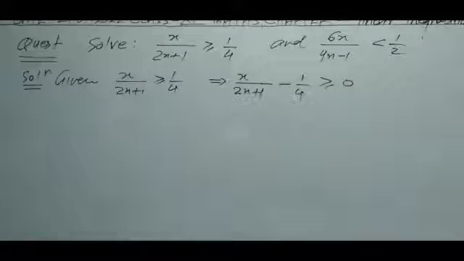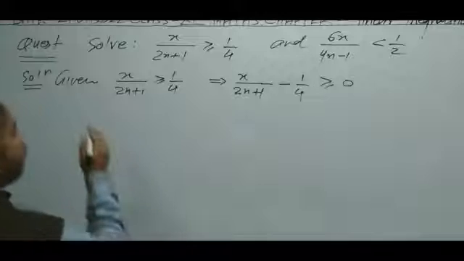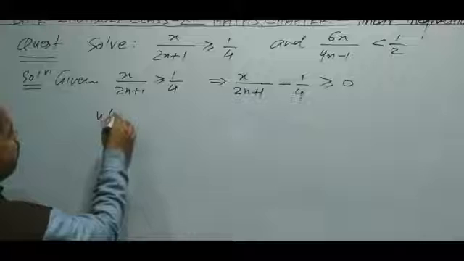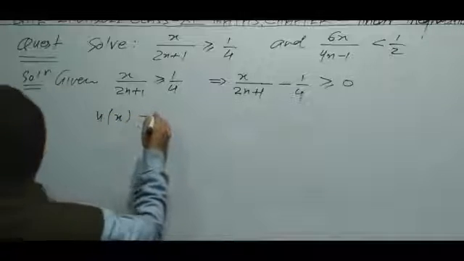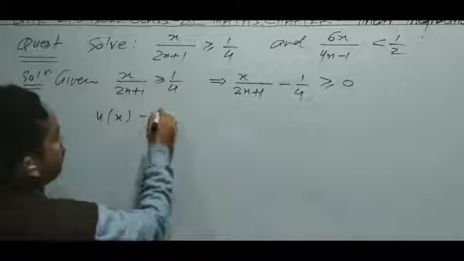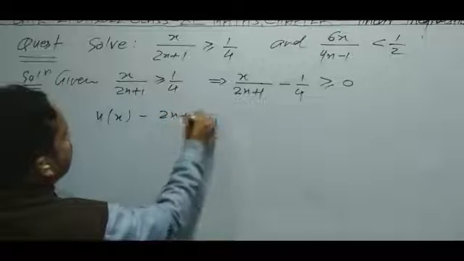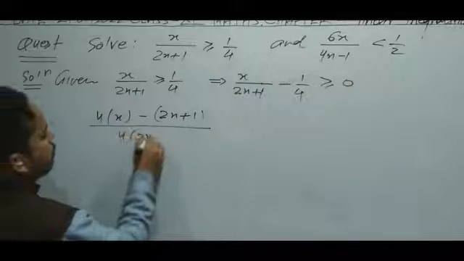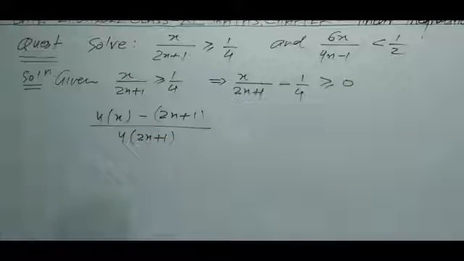And after taking LCM, what result can we get? We get 4 times x minus 2 times x plus 1 whole upon 4 times 2x plus 1.